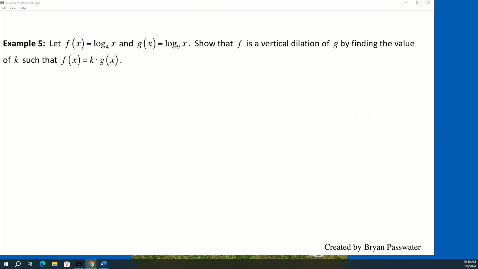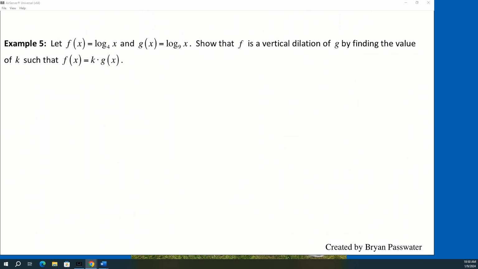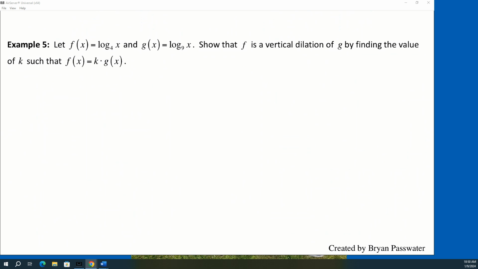We want to show that f is a vertical dilation of g by finding whatever k value is that we would multiply by. All right. So what they're telling us to do is to rewrite this using base 9.